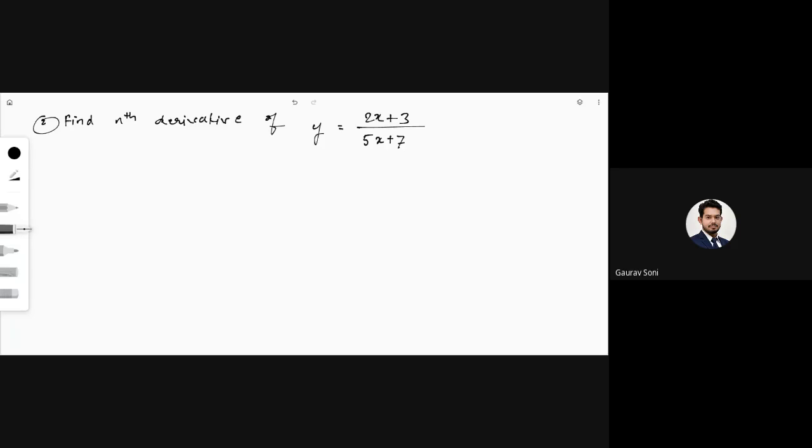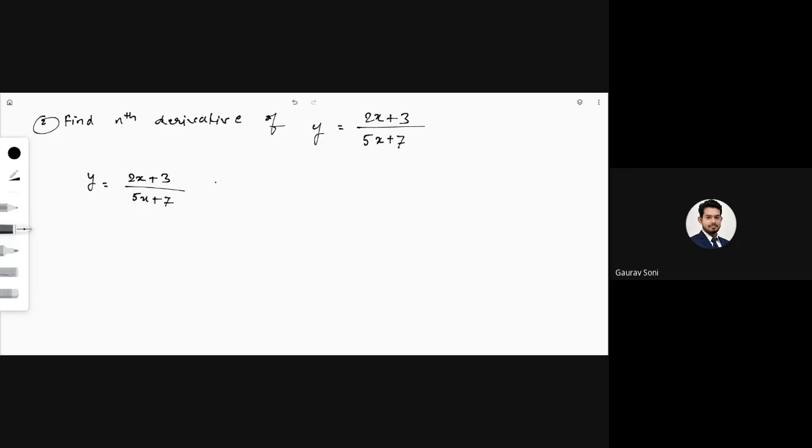Another shortcut method is that you adjust the denominator in the numerator. So what do we have? y is equal to 2x plus 3 upon 5x plus 7. Somehow I will adjust the denominator in the numerator, which means that I will make 5x plus 7 in the numerator so that it becomes easier for me.